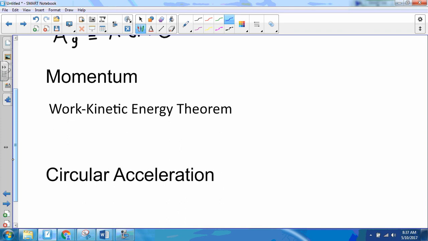Momentum. Momentum is P equals M times V. So momentum equals mass times velocity.